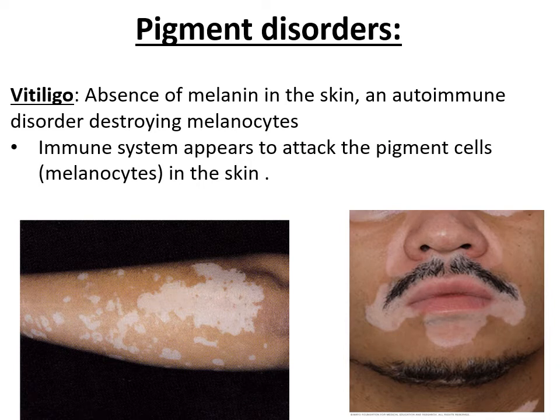Okay, let's just briefly talk about this condition, vitiligo. So this is the absence of melanin in the skin because of an autoimmune condition that destroys the melanocytes in a patchy distribution. So you can see on the arm below or on this person's face that there's absence of melanocytes and there's absence of melanin.